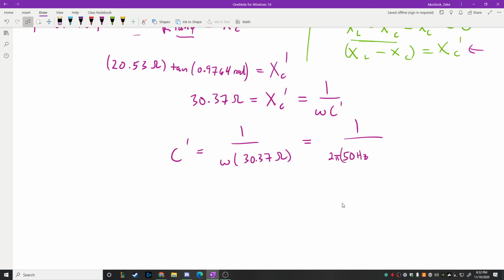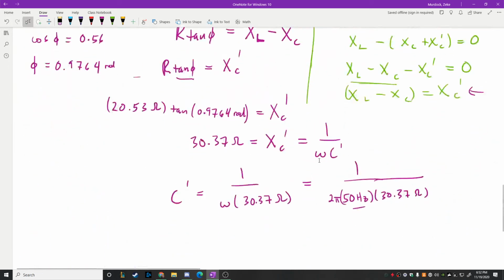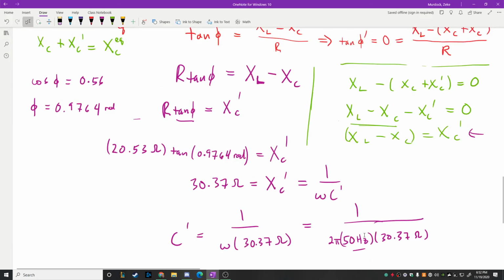Be careful, when they give you the frequency in hertz, you have to multiply by 2 pi. They tell us that it's a 50 hertz AC line, so the frequency F is 50 hertz, but the angular frequency is 2 pi F. Okay, so we get that.